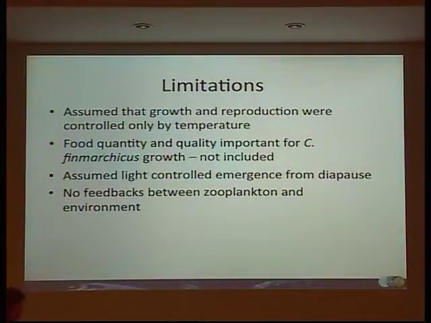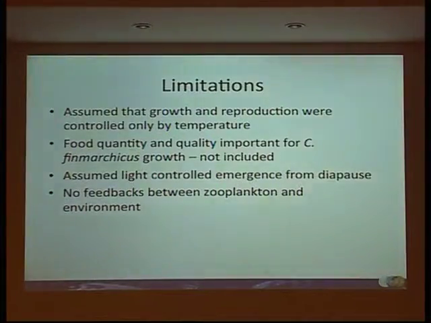The limitations of this particular model are that the growth and the reproduction of this animal were assumed to be controlled only by temperature. And that works for a lot of things, but we also know that things like food quality and food quantity are important to the growth. And in this particular model, that wasn't included. And Beth mentioned things about knowing the diet, which I'll come to in a minute.